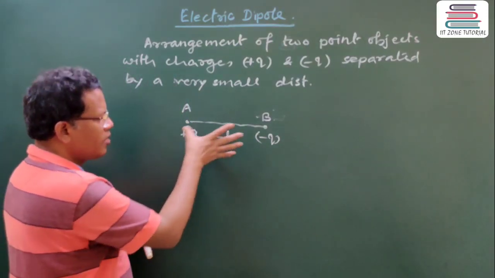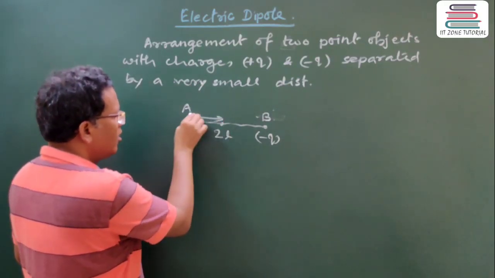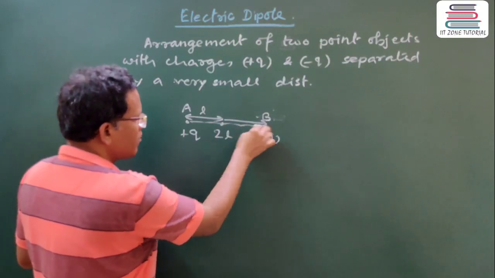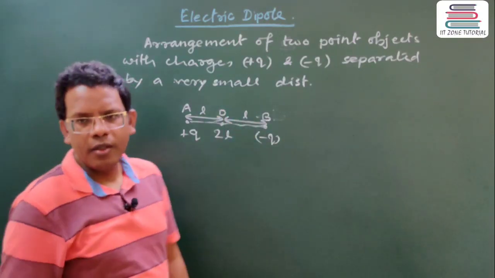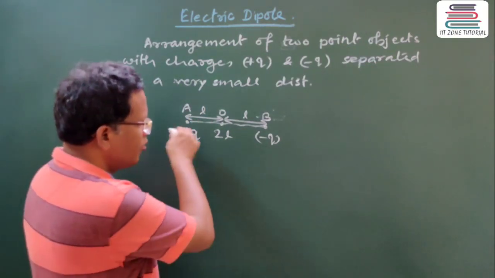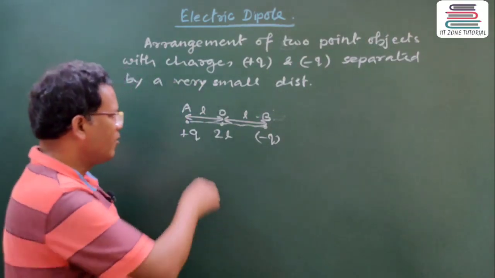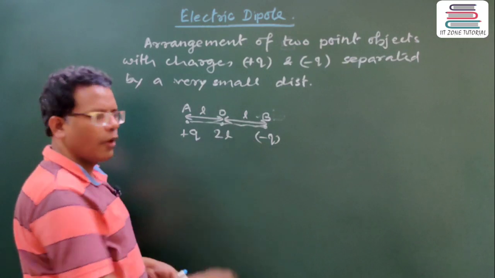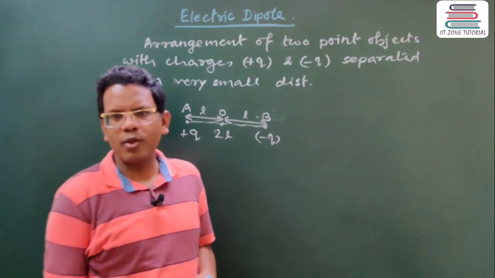It is 2L because from the center I can take L distance for each of the charged particles. The line joining plus q and minus q is known as the dipole axis.